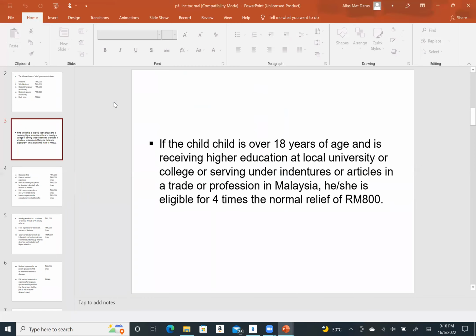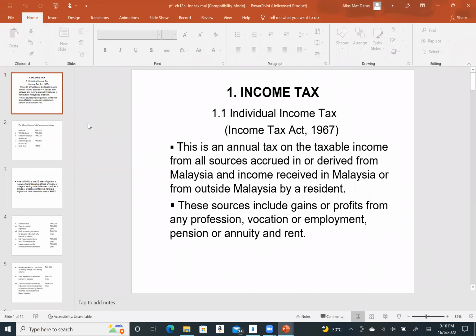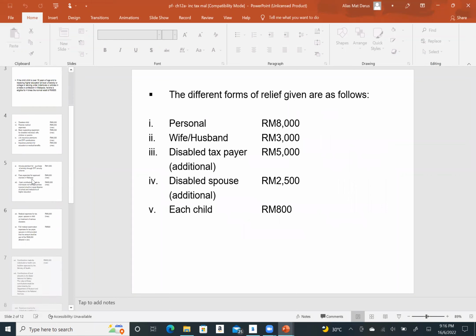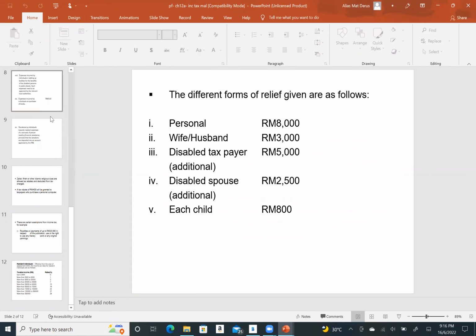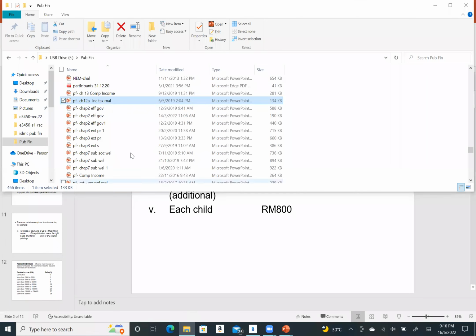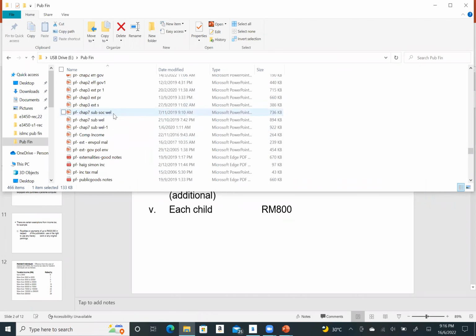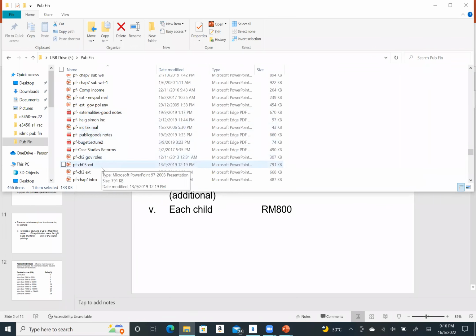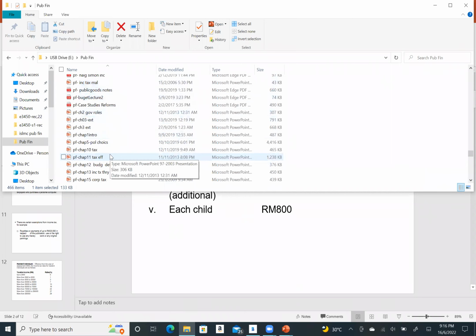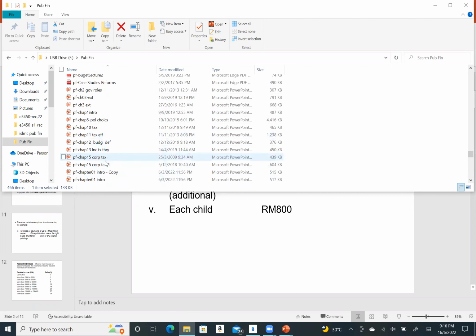Okay, just bear with me. If not there, I have to find income tax Malaysia. Earlier we had it. This is chapter number... budget tax efficiency, income tax theory.